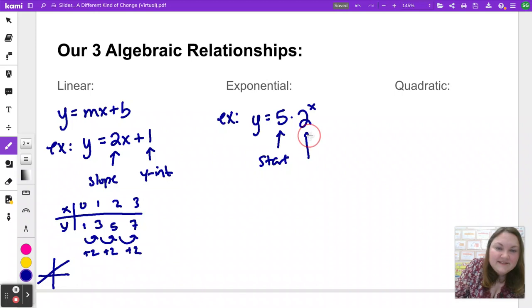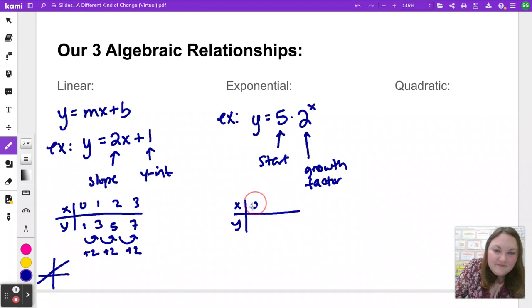And then this was how it grew. We called this our growth factor, and it told us that if we were looking at a table, that if we're starting with 5, we're doubling it or multiplying by 2 every single time. And so we got tables that looked something like this, where you had that constant multiplication in it.